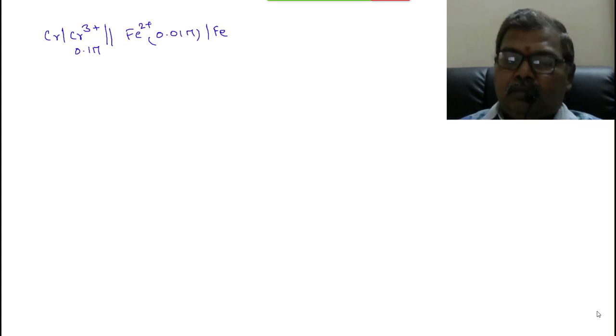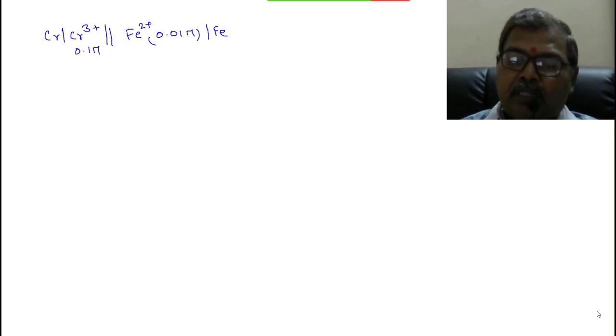So this is a galvanic cell, but it is not a standard cell. Chromium is in Cr3 plus solution and iron is in Fe2 plus solution. Concentrations are not the same, so it is not a standard cell.